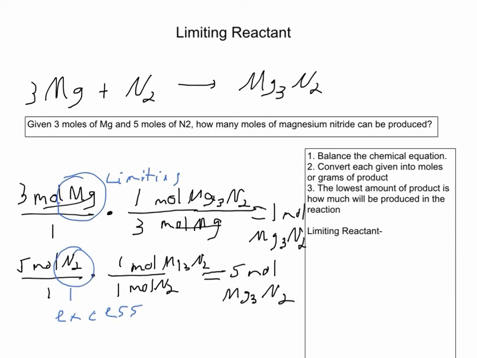So the limiting reactant is the reactant that runs out first, stopping the reaction, and it produces the smallest amount of product.